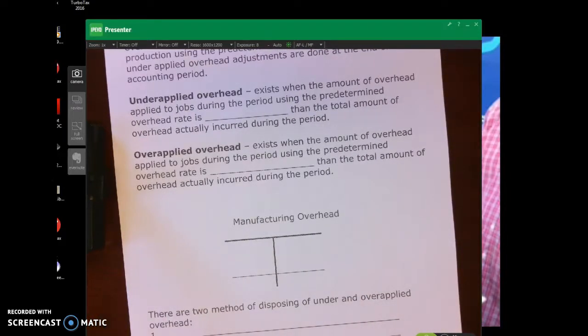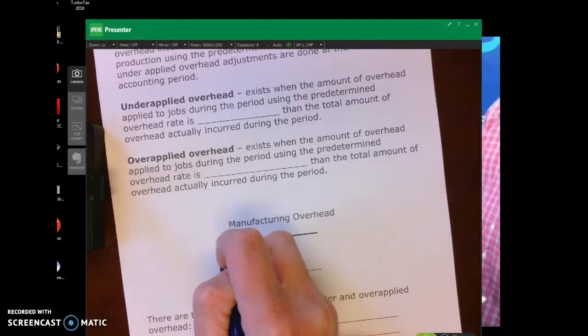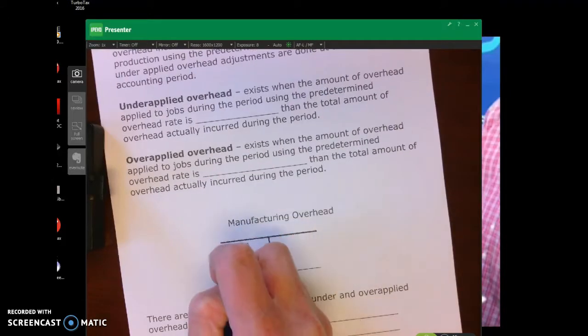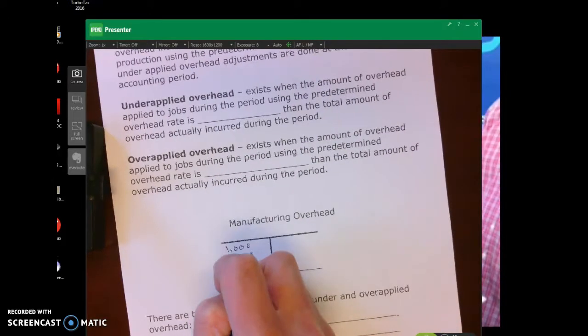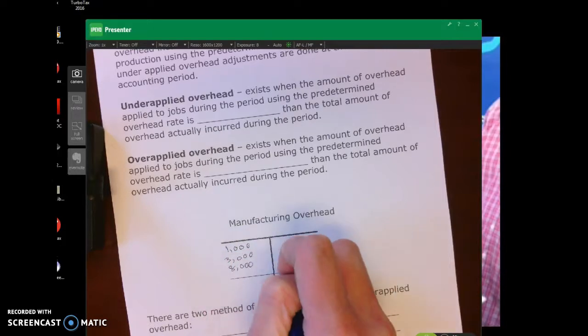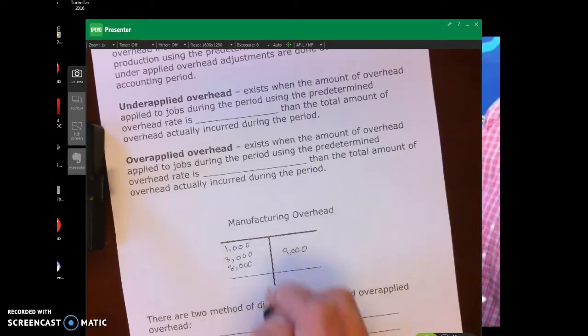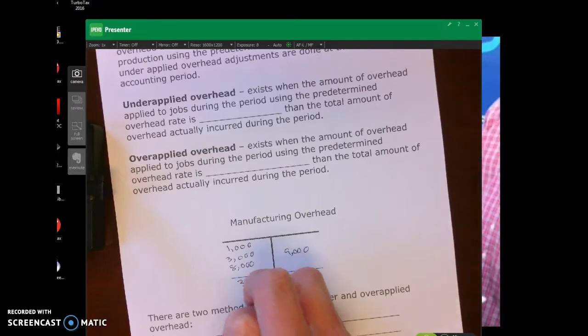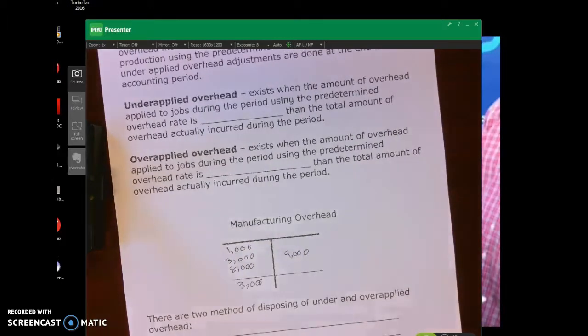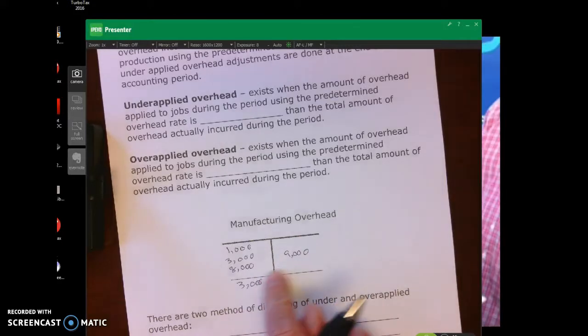I'm just going to go ahead and follow what I had before. Remember, I had that $1,000 indirect materials, $3,000 of indirect labor, $8,000 of other, $9,000 applied. So what we have is a $3,000 debit balance left over in manufacturing overhead. So what we need to do is get rid of this. That basically means we're going to put a credit to manufacturing overhead.